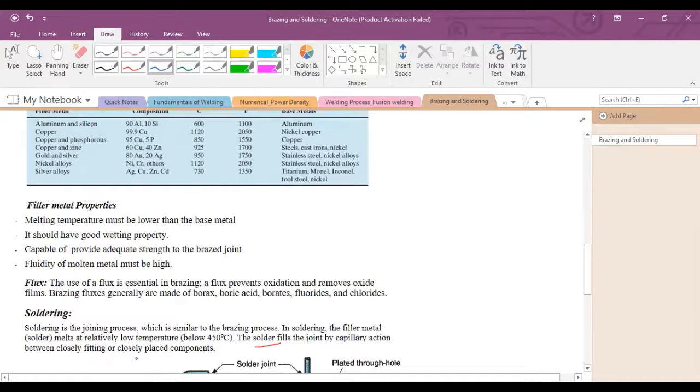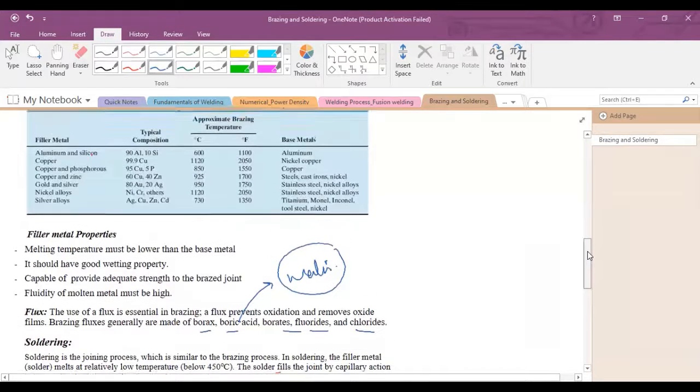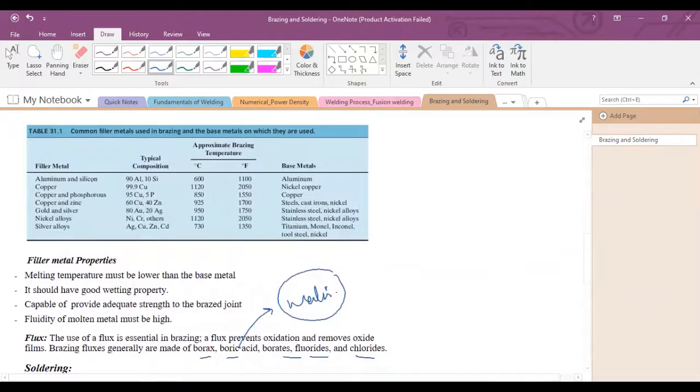In the brazing process, flux is made up of borax, boric acid, borates, fluorides, and chlorides. Normally, boric acid and borax are used with water, because if we mix boric acid with water, it will increase the capillary action or improve the wetting.